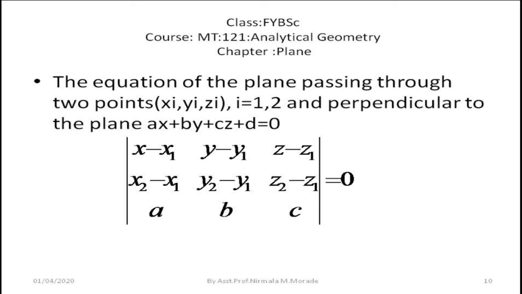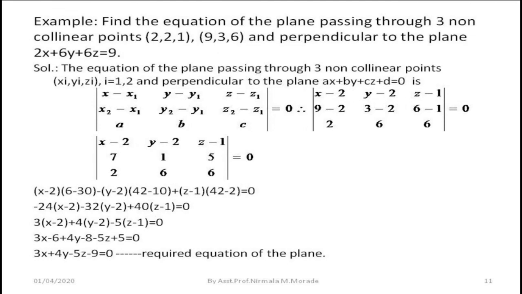So we will see one example on this type. Find the equation of the plane which is passing through two non-collinear points 2, 2, 1 and 9, 3, 6 and perpendicular to one plane.